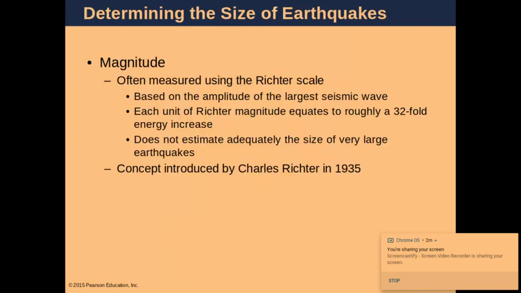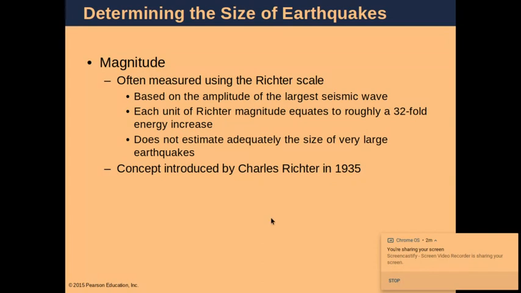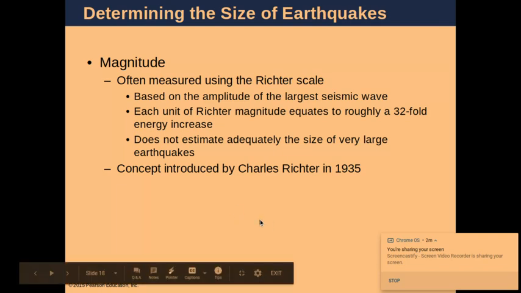Another way to measure earthquakes is magnitude. Most of the time for this, we use the Richter scale, and this is how most people think of measuring earthquakes. It is based on the amplitude of the largest seismic wave. If you remember last time, you saw the seismometer, which measures where the highest peak was, and measures the earthquake based on that.